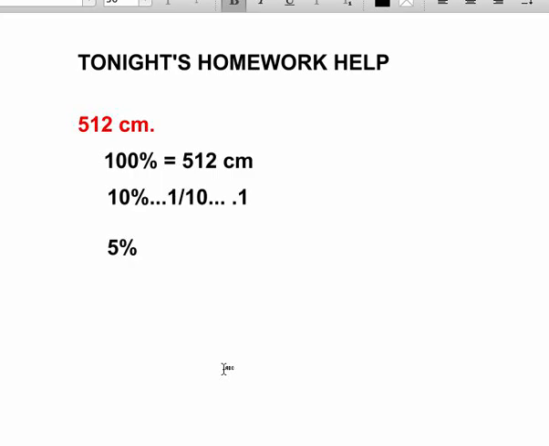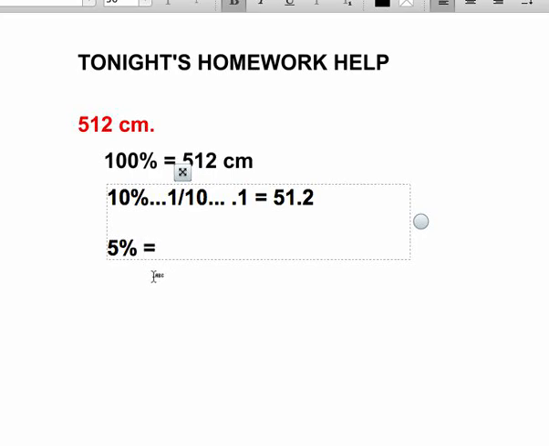So it's pretty simple. If you know 100% or the whole, it's pretty simple to find a tenth of that, or 0.1 or 10%. They all mean the same thing. And if our whole value, 100%, is 512 centimeters, then 1/10 or 10% would just be dividing by 10, 51.2 centimeters.